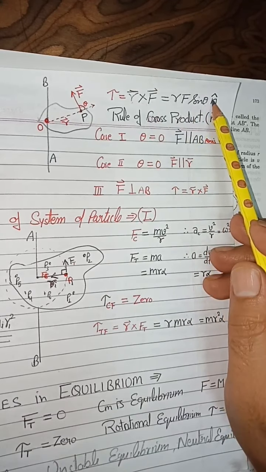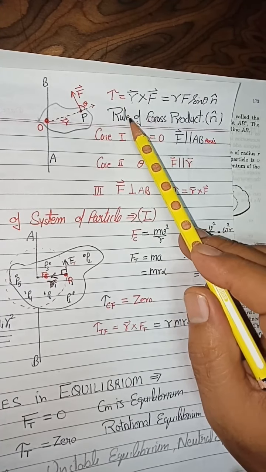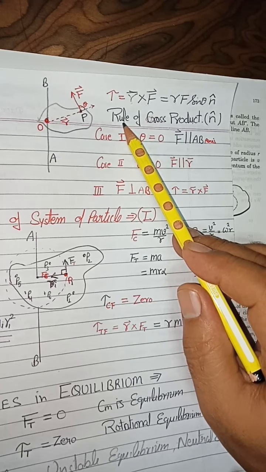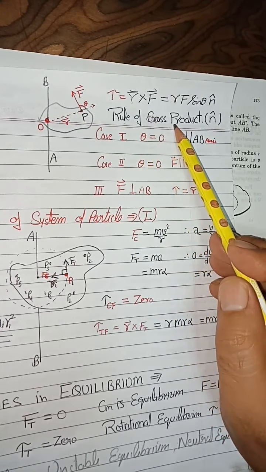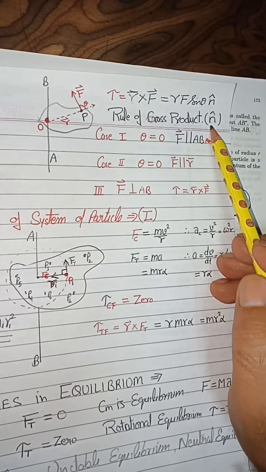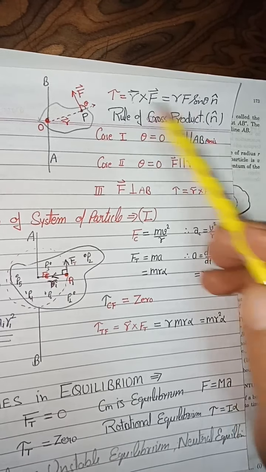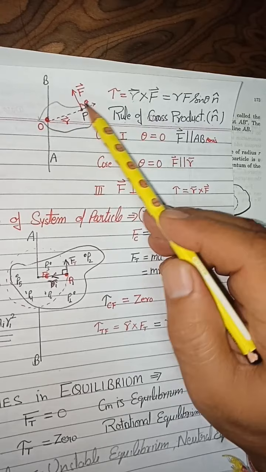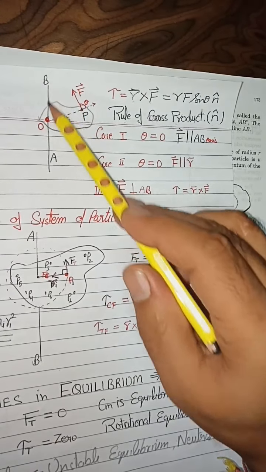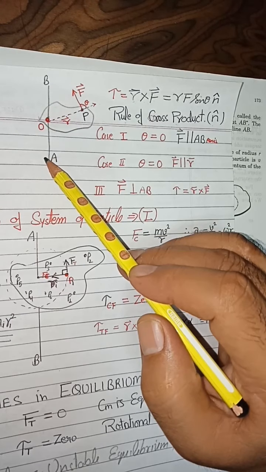So how do we find the direction of the torque? The torque direction I can find with the help of the rule of cross product, that is, the n cap direction. So what is the rule of cross product? This is vector R, this is vector F, and this is the axis of rotation.